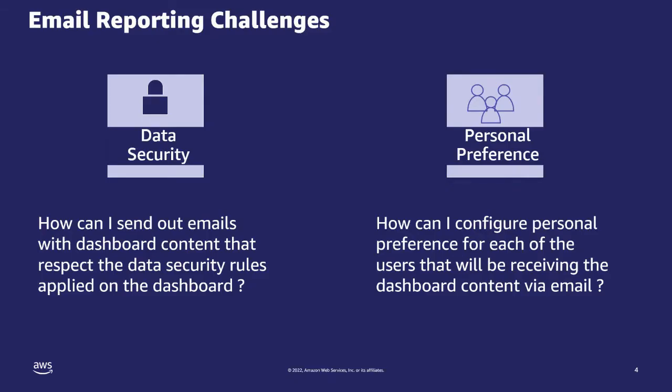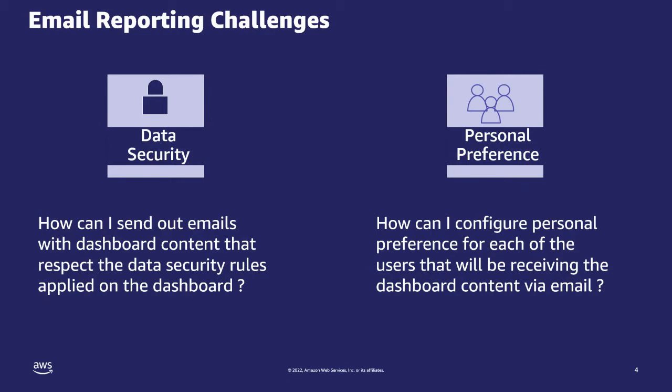consider before we can send out and set up the personalized email content. So as you can see in the use case, there were two key requirements that were defined. One of them was data security. So in the case of John, he sits on a global sales team, so he has access to all the sales data across regions, across segments.